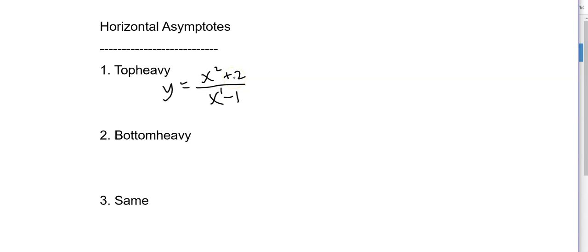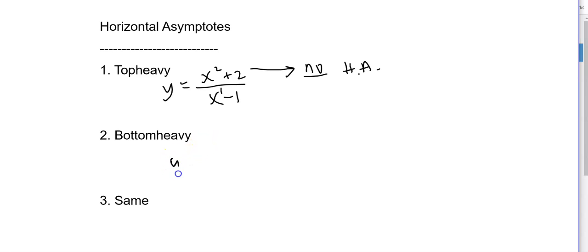So this is top heavy in degree. Therefore, when it's top heavy, there's no horizontal asymptote. That's going to happen. Some functions have a larger degree on top. You might have 2 factors on top and 1 on the bottom.